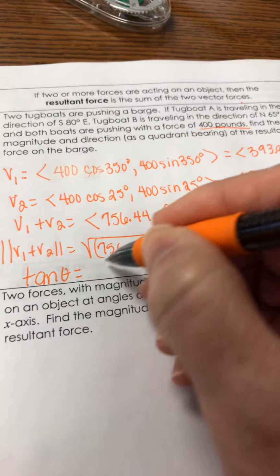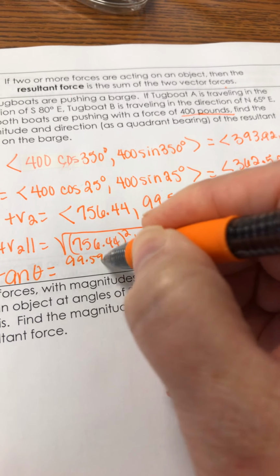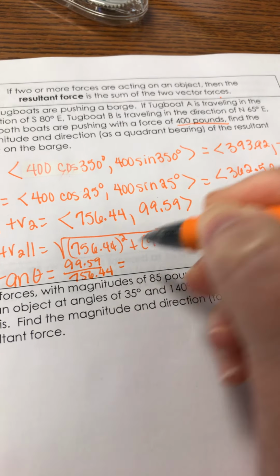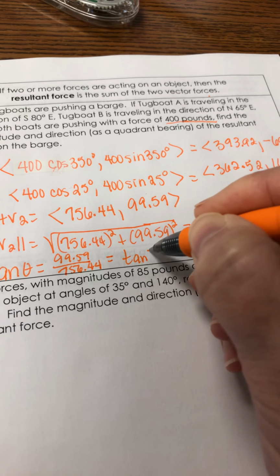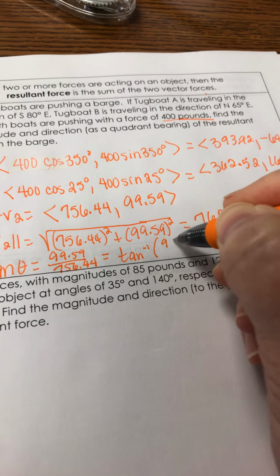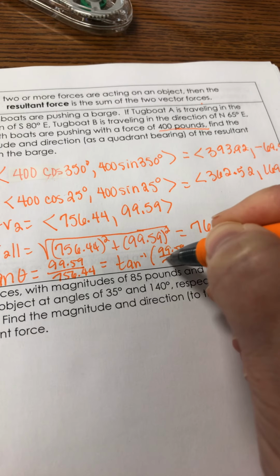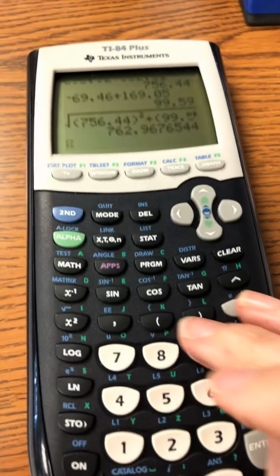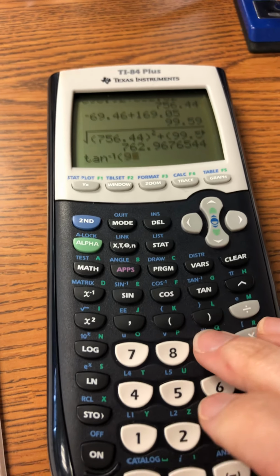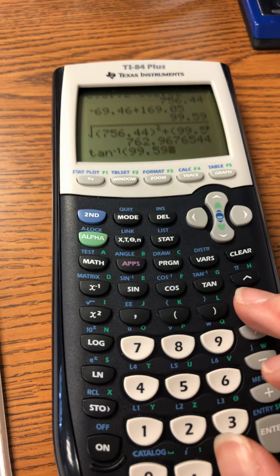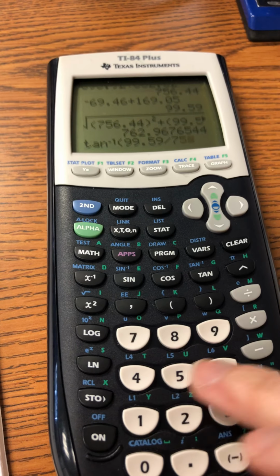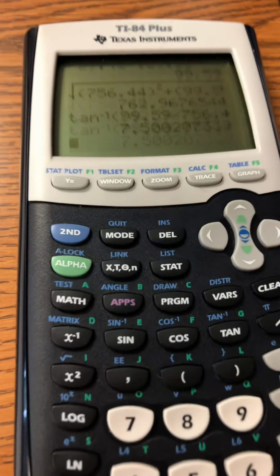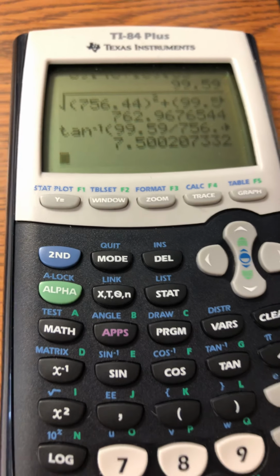So we'll put B over A, and then we're going to find the inverse. Okay, so second tangent of 99 and 59 hundredths divided by 756 and 44 hundredths. What's that going to give me? 7 and 5 tenths.